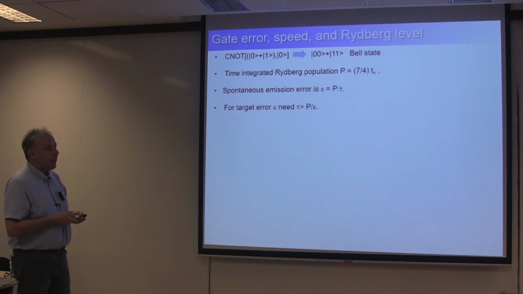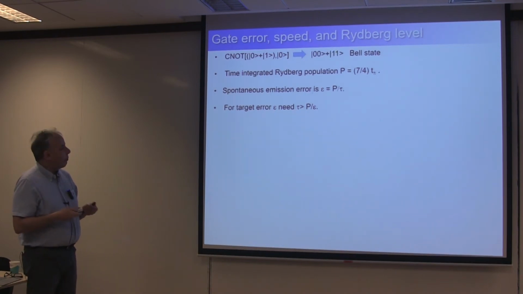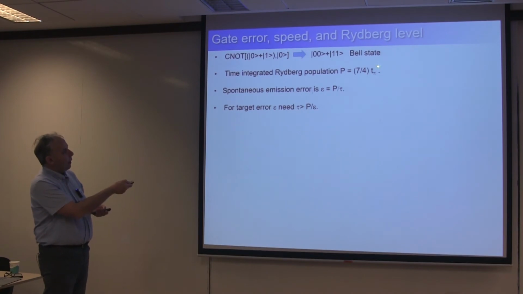One aspect of these gate protocols is that they give you very fast entanglement. If I think about using a Rydberg interaction to create a Bell state by starting with a control qubit in a superposition and a target qubit in, say, state 0, this would give me this Bell state. There's a time integrated population in the Rydberg state, which is a few times the Rabi pi time, and therefore there's a spontaneous emission error, which is that integrated population divided by the lifetime of the Rydberg state.